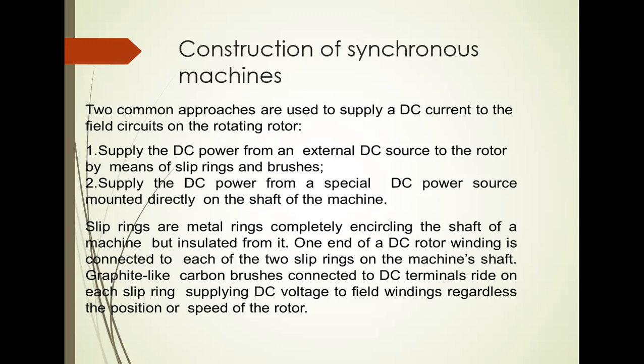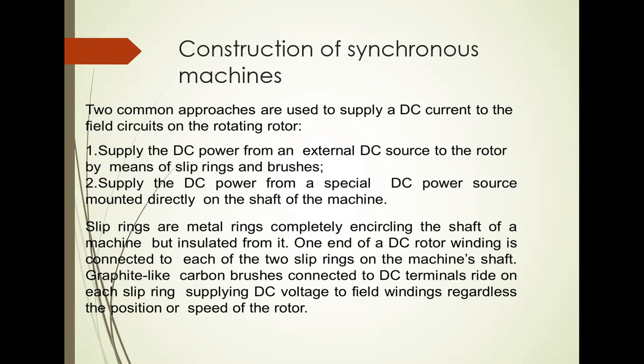In some machines, graphite-like carbon brushes connected to the DC terminals ride on each slip ring, supplying DC voltage to the field winding. Some material is used in slip rings to reduce the losses.